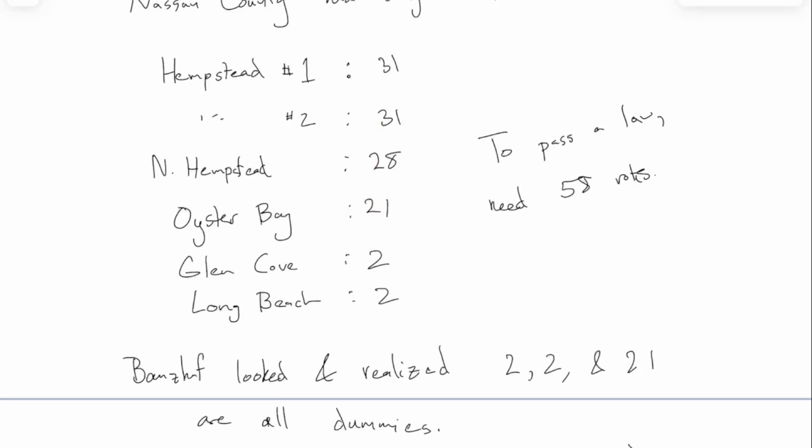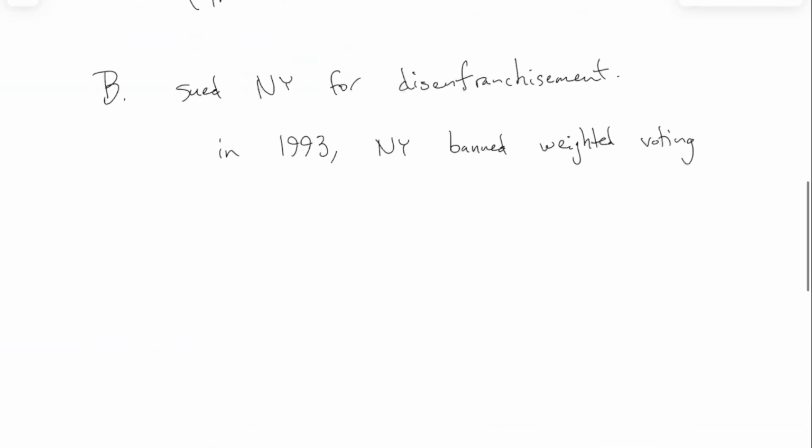And Banzhaf, in preparing this lawsuit, he created what we now call the Banzhaf Power Index. So the reason that he created this little bit of mathematics was in order to convince everybody else that the system was being unfair to him. So in the lawsuit, he created his power index.